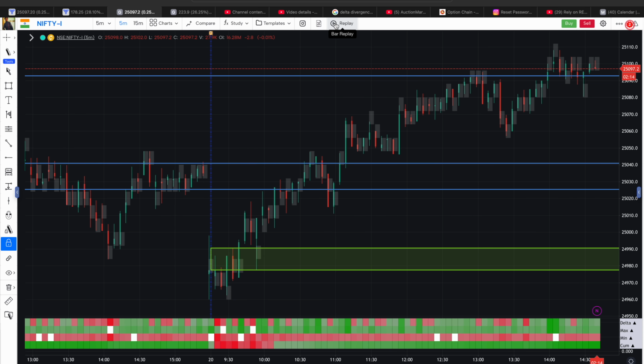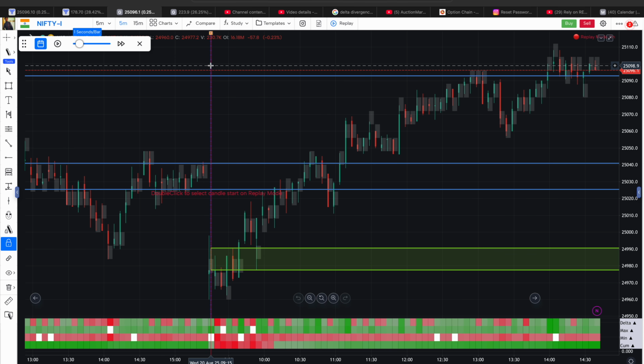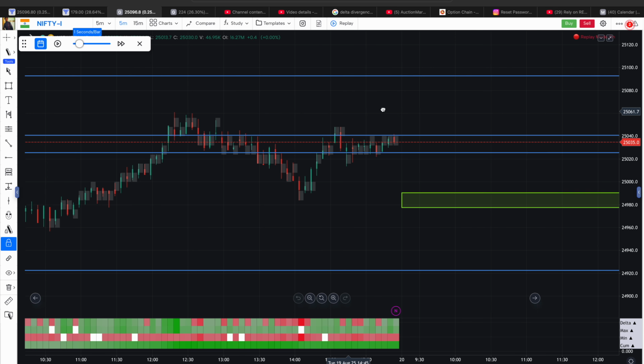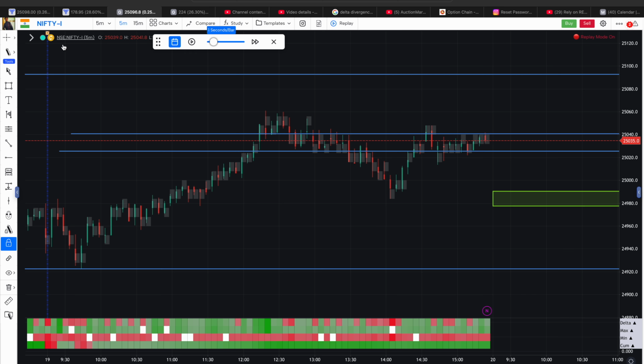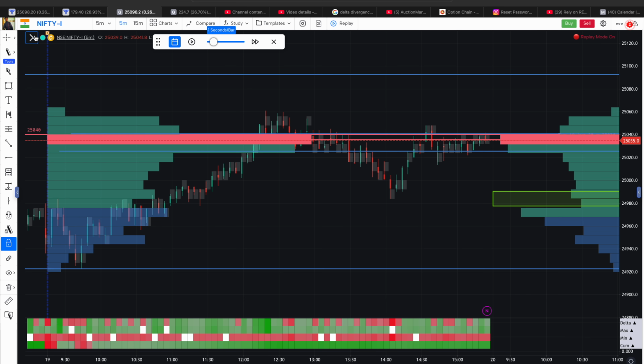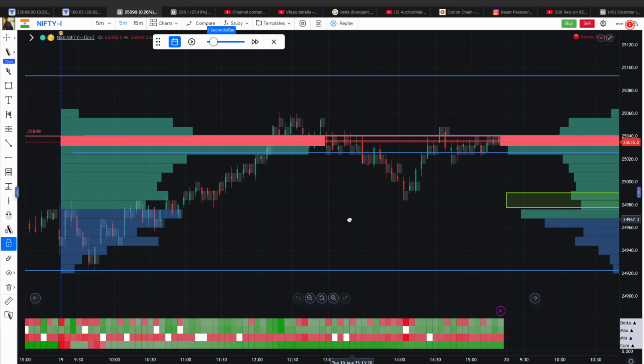I will first apply the bar replay service. Enable the volume profile. You can see initially we have to plot the previous day range. This was the very high traded zone.